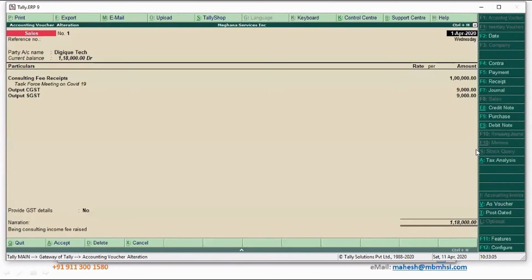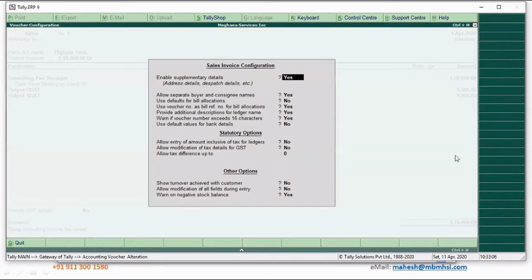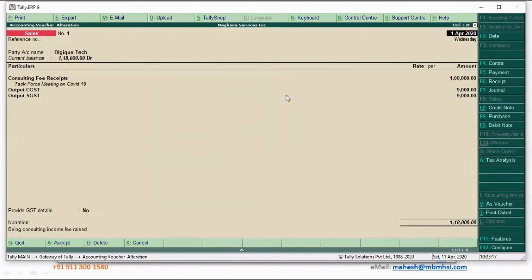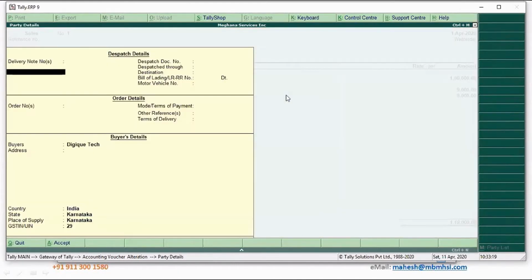I'm clicking on F12. I don't need this, because yesterday we took both consignee details and we have not changed the configurations. So this is the first thing I don't need.